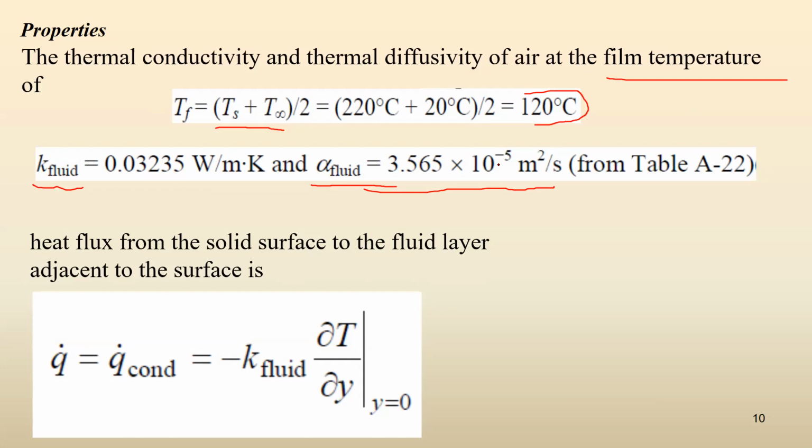So we use Fourier's equation with the conductivity of the fluid and the temperature gradient inside the fluid right above the surface, at the layer adjacent to the solid surface.